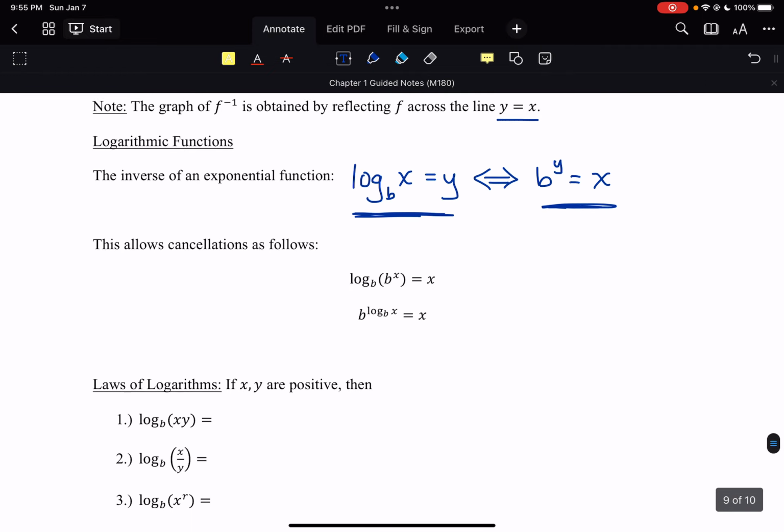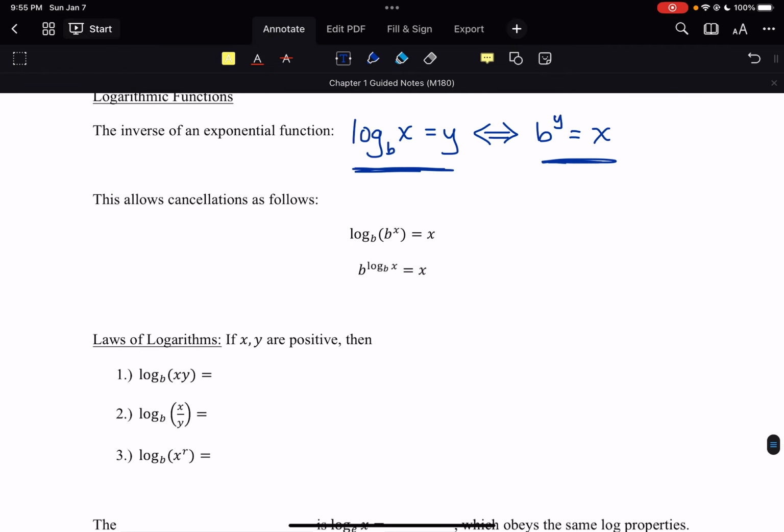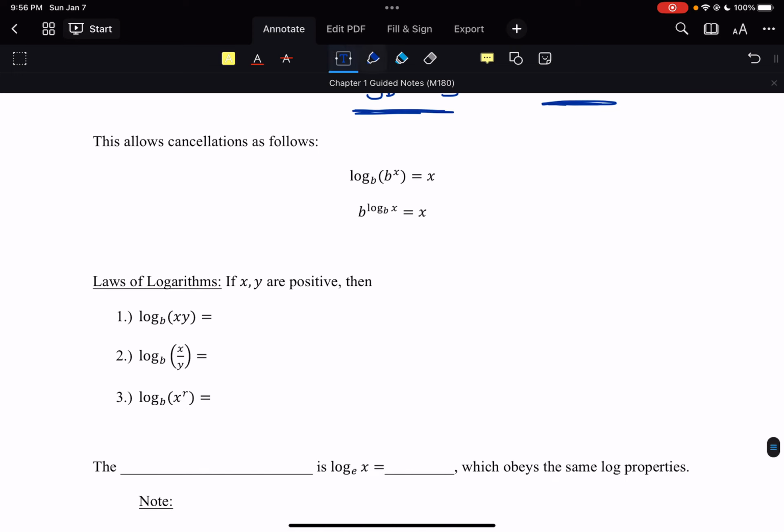Now, just like the laws of exponents, there are also laws of logarithms that we can apply. They're derived essentially the same way, just using the inverse properties. So if we have log base b of x times y, remember how it was before with multiplication and addition.